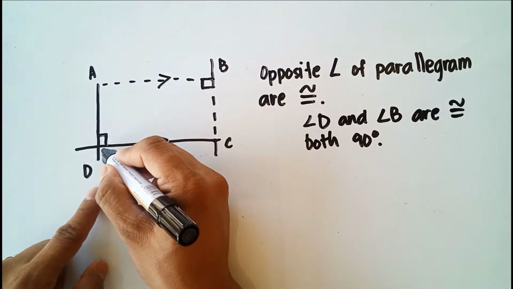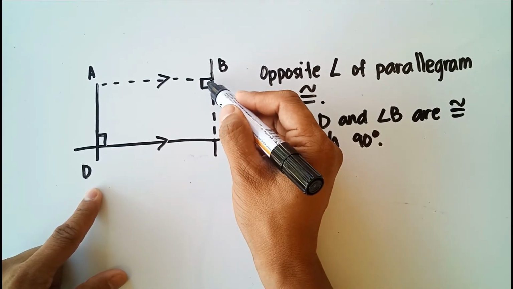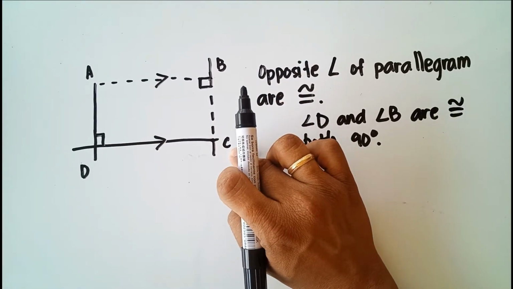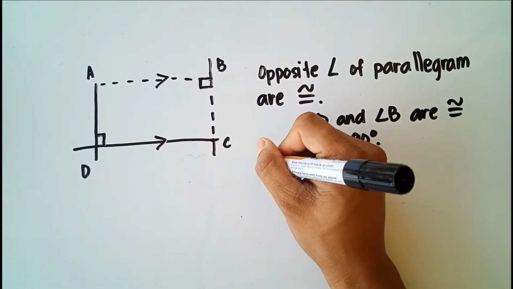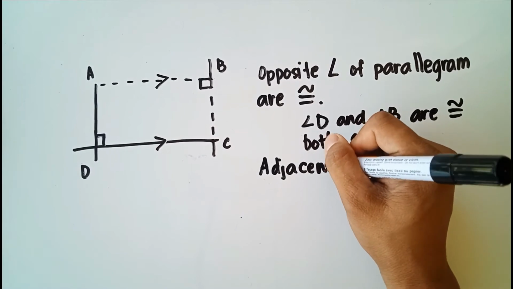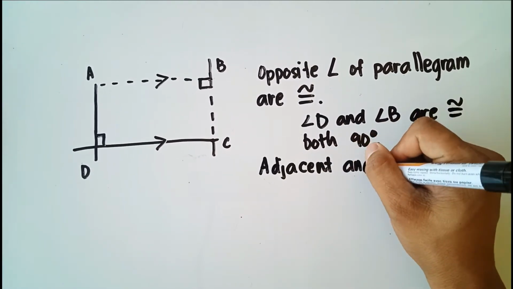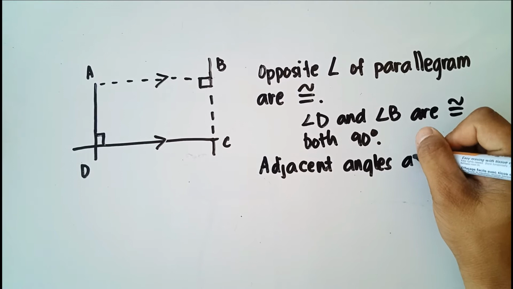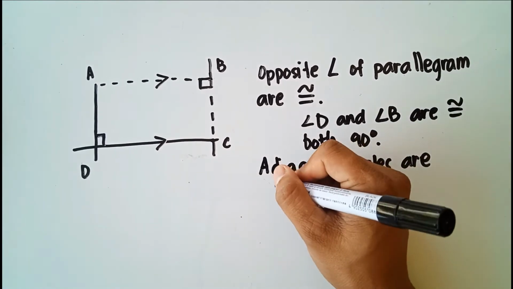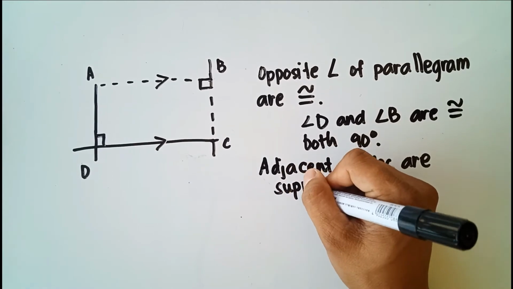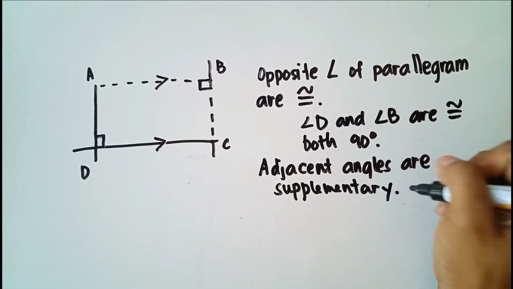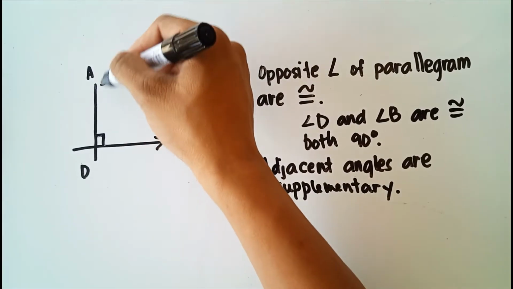So, if this is 90 degrees and angle B is 90 degrees, now how about A and C? So, based on the definition of parallelogram, adjacent angles are supplementary. So, A and D are adjacent angles.